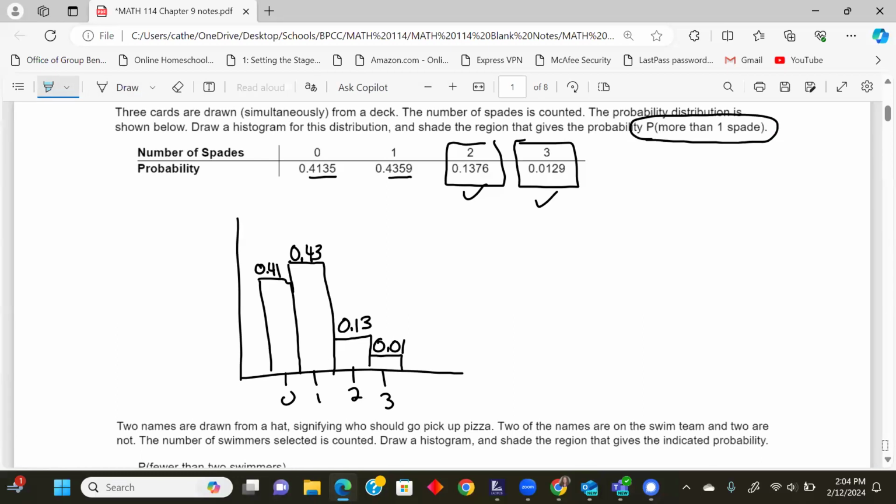And we said that was 2 or 3 spades. Just a little messy. So 2 or 3 spades is going to be right there. So similar to the one we did before.